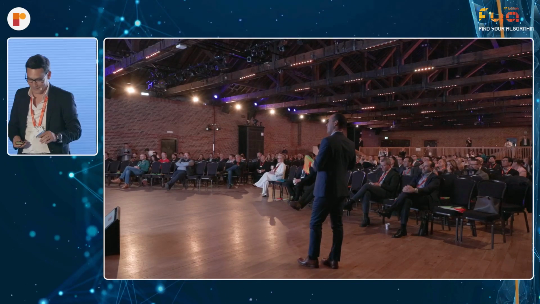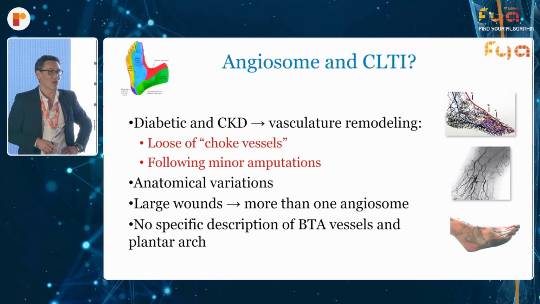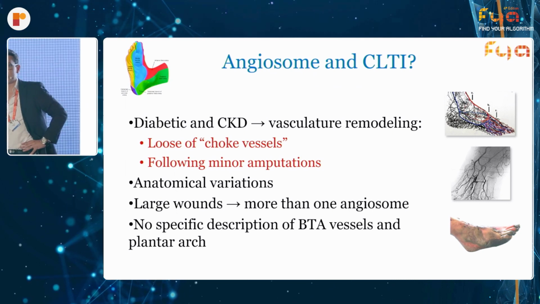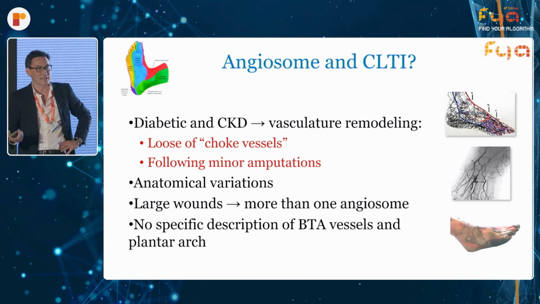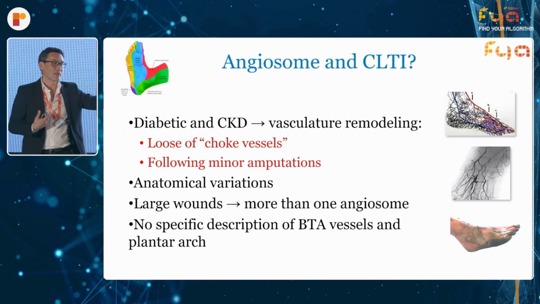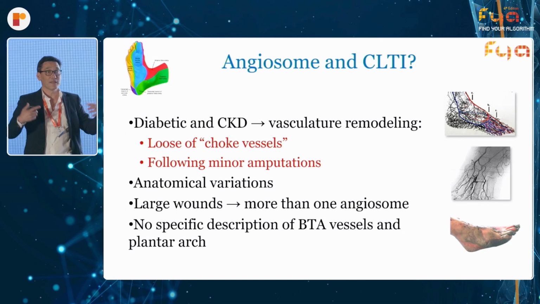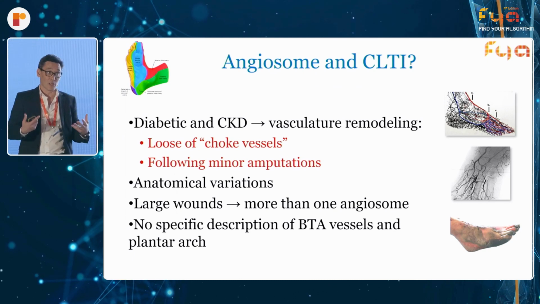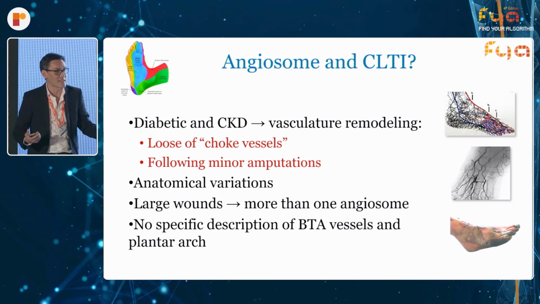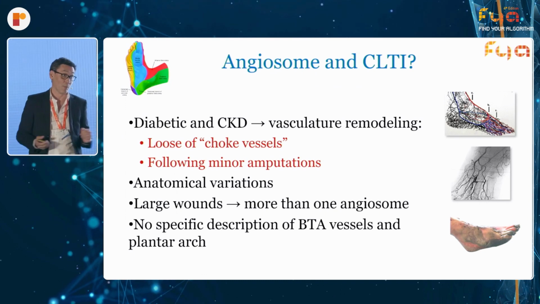So as you have seen over these hours, the angiosome concept is a little bit outdated, because this was designed, as you know, by plastic surgeons. In our patients, the majority have diabetes and chronic kidney disease, and these connections on the foot are usually lost, either because of chronic kidney disease, you lose the choke vessels, or because these guys have already had an amputation.